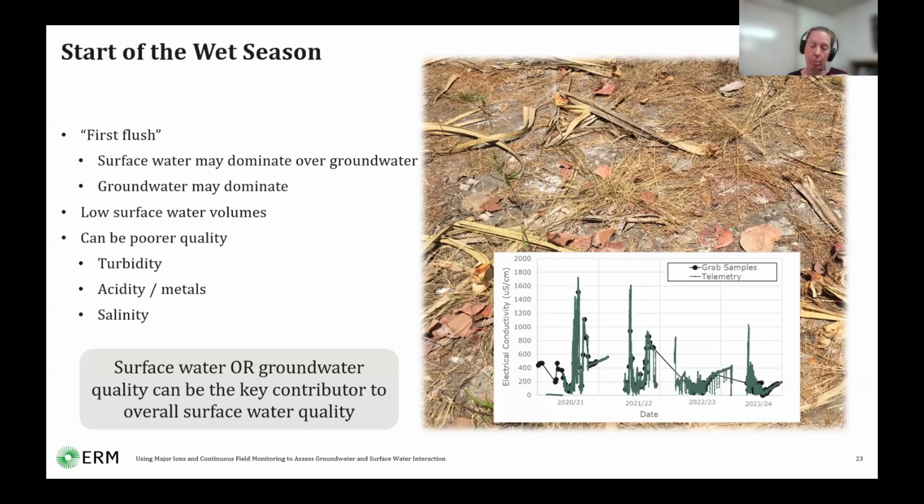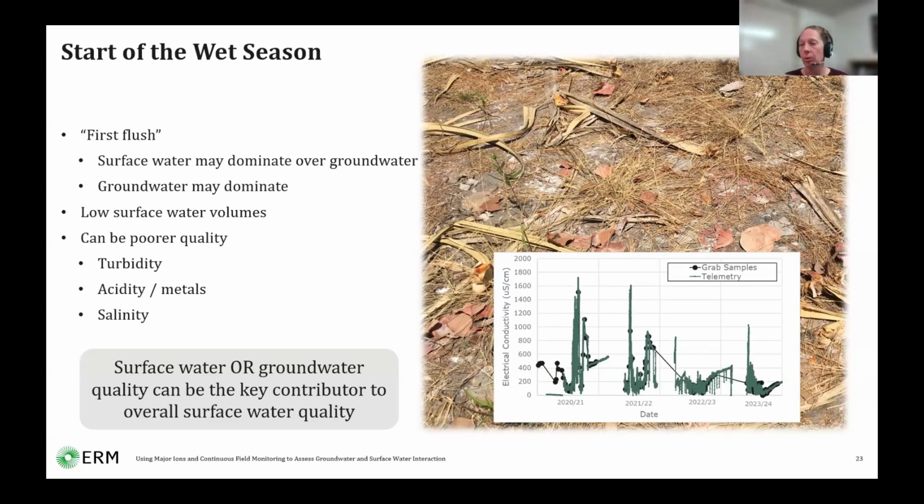But then there was an operational change at this site, which lowered groundwater elevations, and meant there was an improvement in surface water quality at the start of the wet season in those 2 subsequent wet seasons. I think the key point here is that surface water runoff or groundwater quality can both be a key contributor to the overall surface water quality.